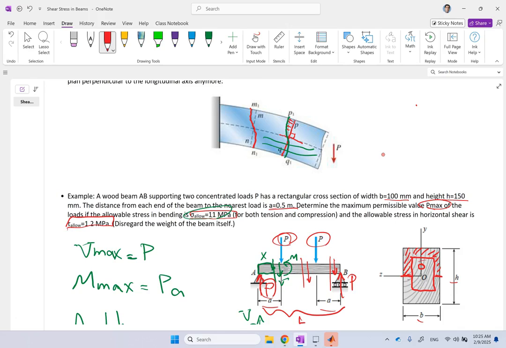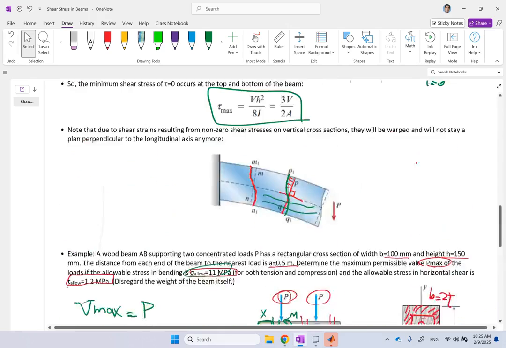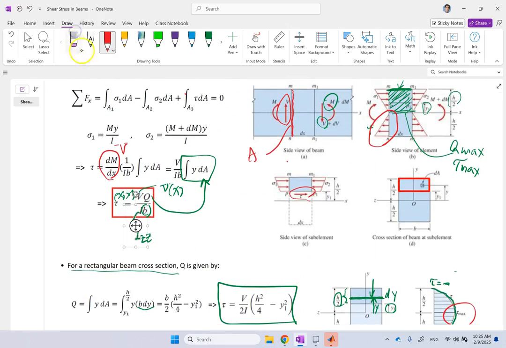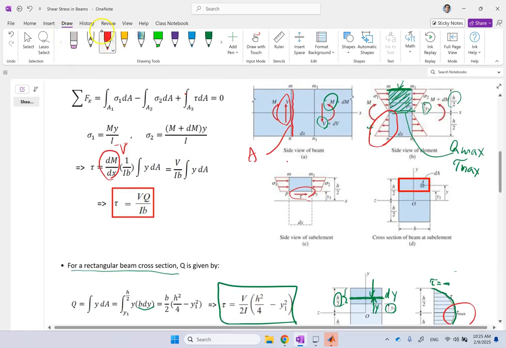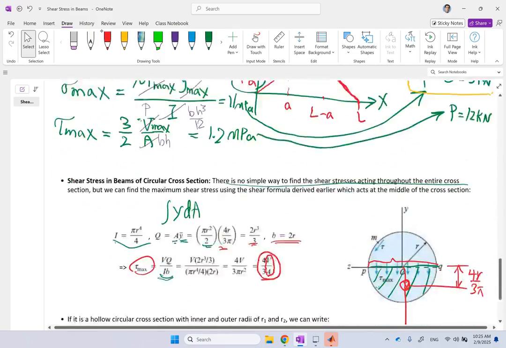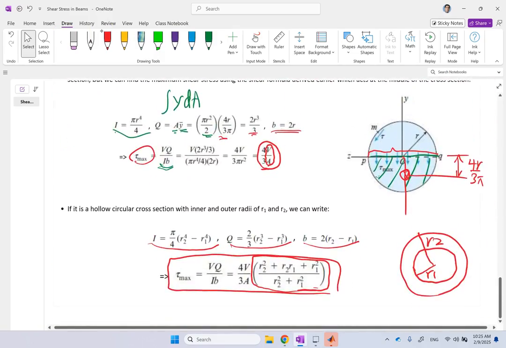And b is going to be this thickness. If this thickness is t, it is going to be 2t. Okay, so based on that, you can still plug it into VQ over Ib. Remember, this is the most important formula that we have, and plug it in here and you can find it. And for more complicated cross sections, it is even harder than this, so we're going to stop right there.